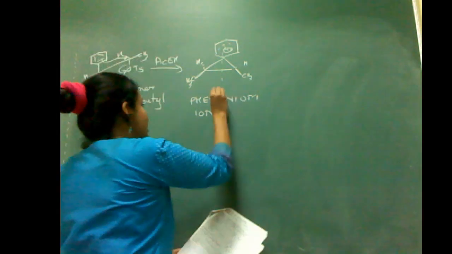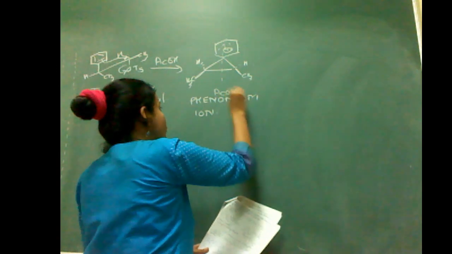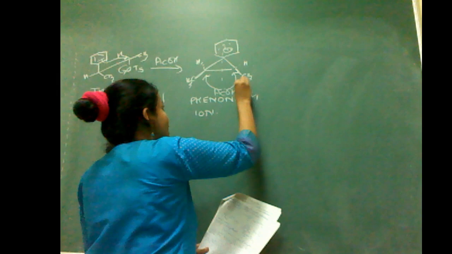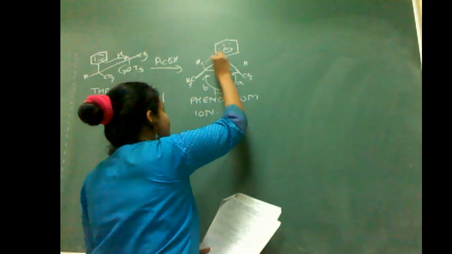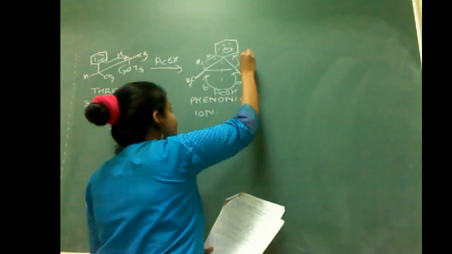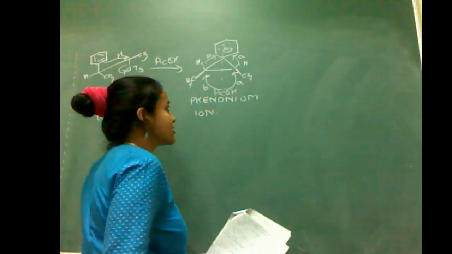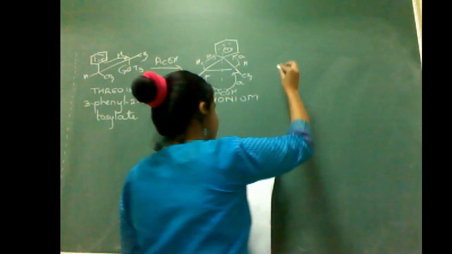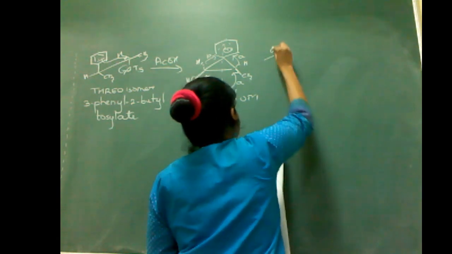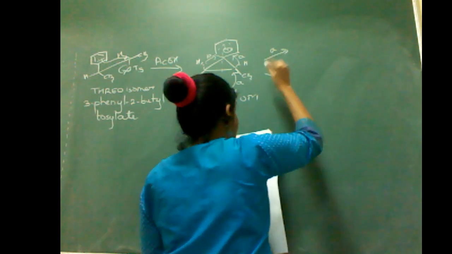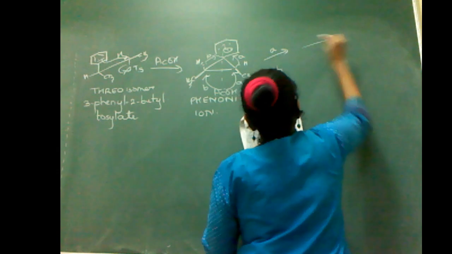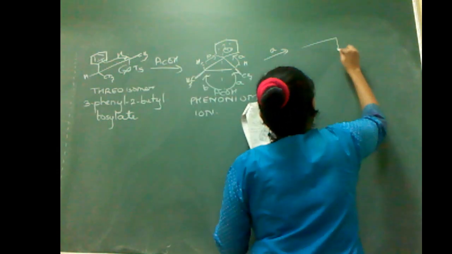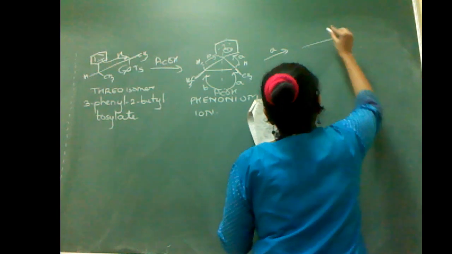Now you can imagine the attack of the nucleophile. It can adopt pathway A or pathway B. When the nucleophile attacks this particular carbon, the OAc group comes here.